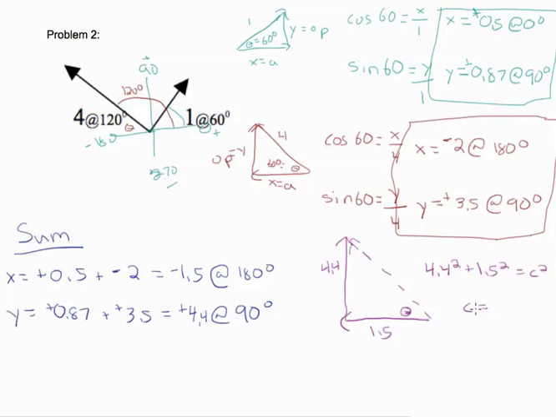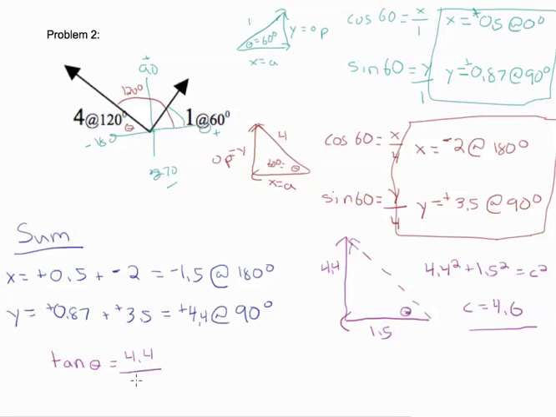In order to solve for theta, we would use TOA. So in this one problem, we've used all three trig ratios. Tangent of theta is opposite, 4.4, over adjacent. And that gives us a tangent of 71 degrees.